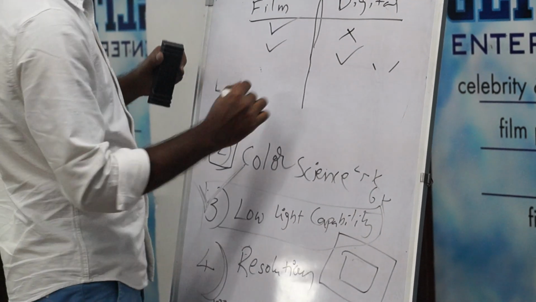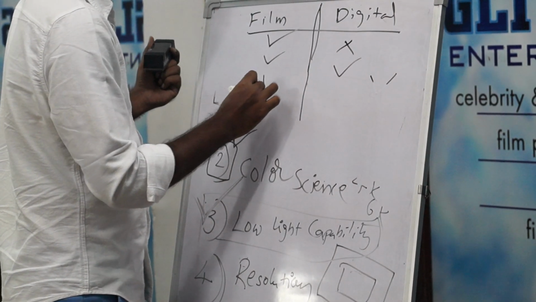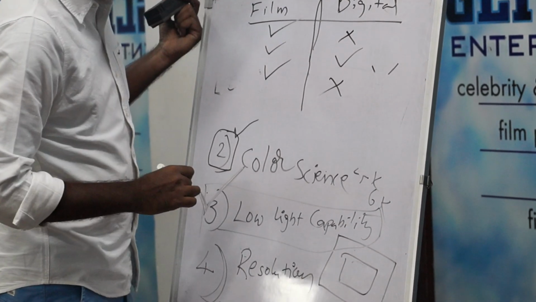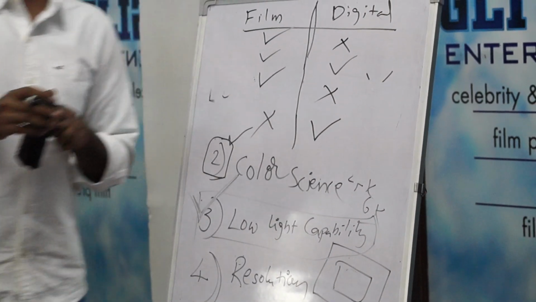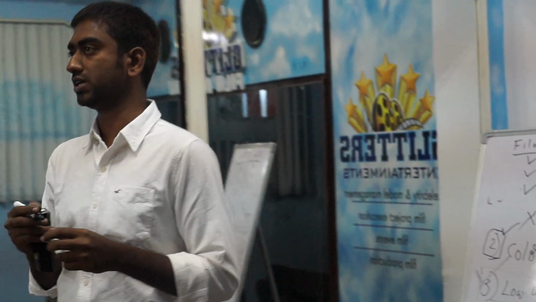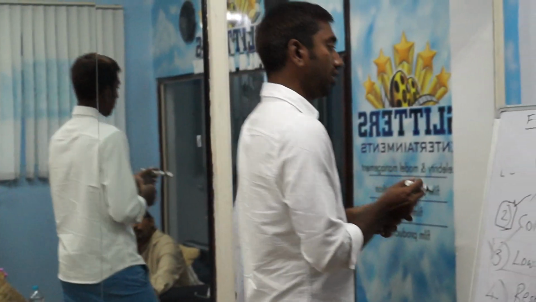Next, low light capability, I would say film was the winner. Resolution, digital had a lot of resolution. Kodak claims the film is capable of getting a 4K resolution when scanned. I don't believe Kodak, but yeah.